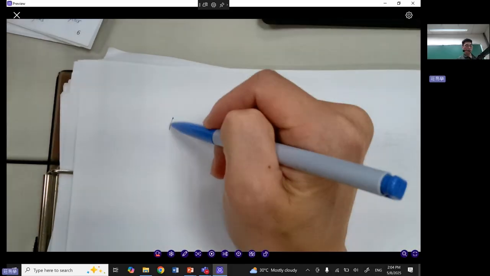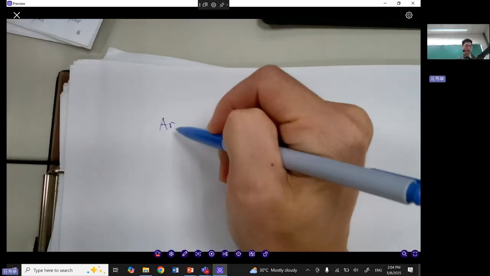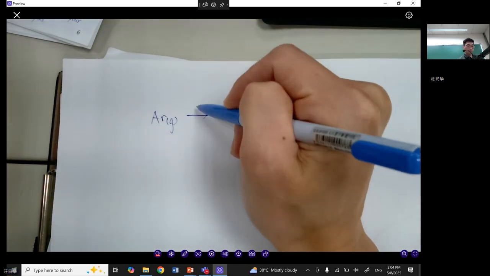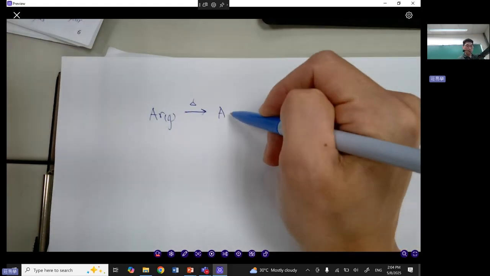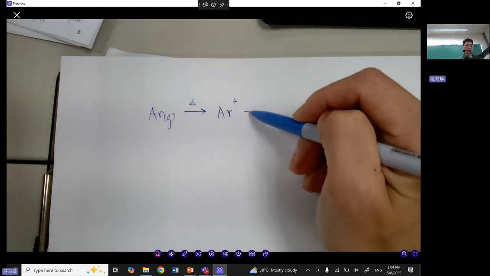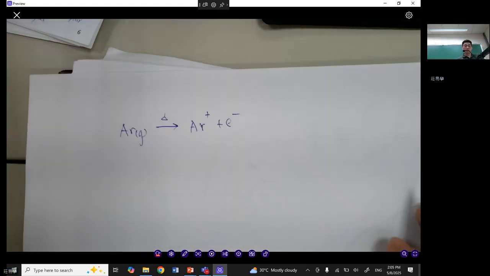Briefly speaking, we have argon gas, and if you apply really high temperature, way above 100 degrees, argon will become ionized, and then you have electrons.